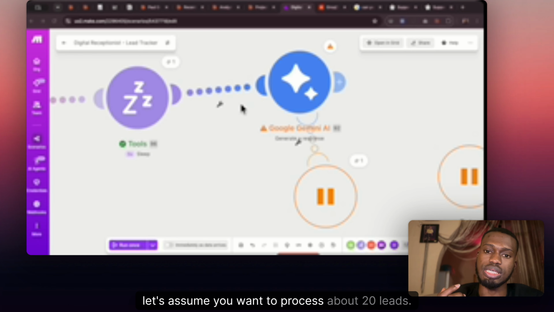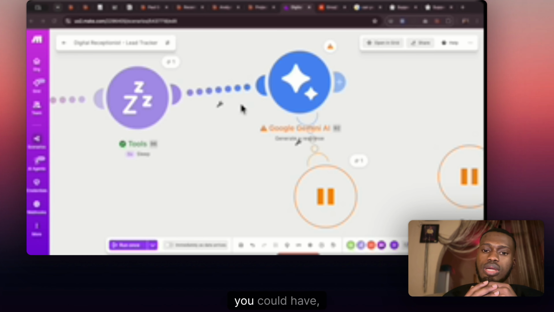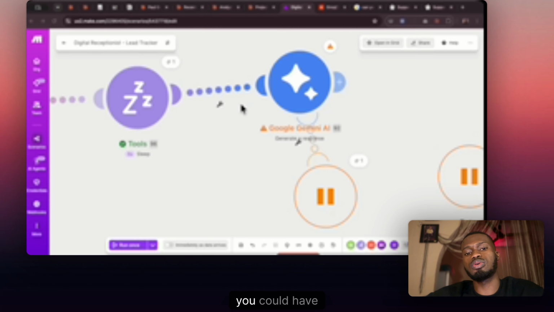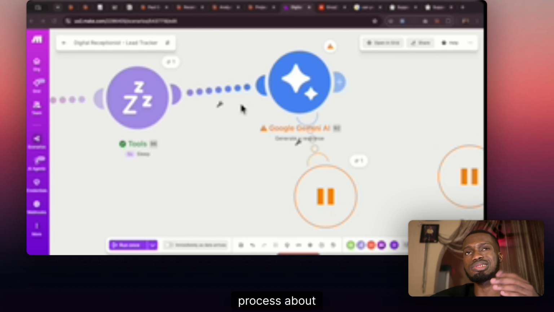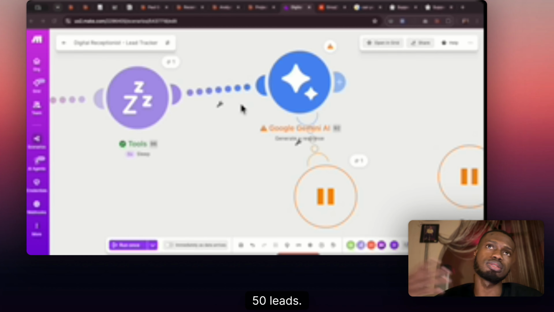Let's assume you want to process about 200 leads, you could have 4 scenarios, where scenario A processes 50 leads, scenario B processes 50 leads, scenario C 50 leads, scenario D also 50 leads.